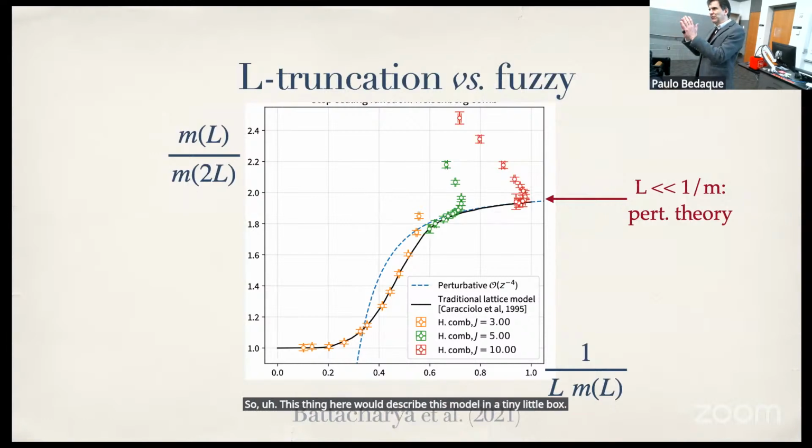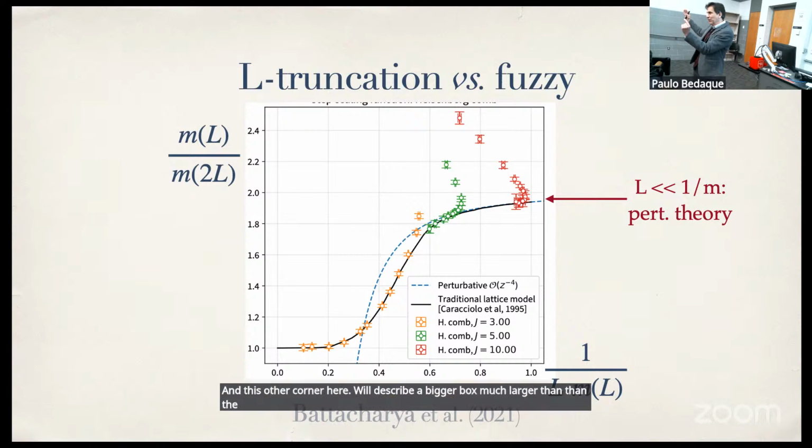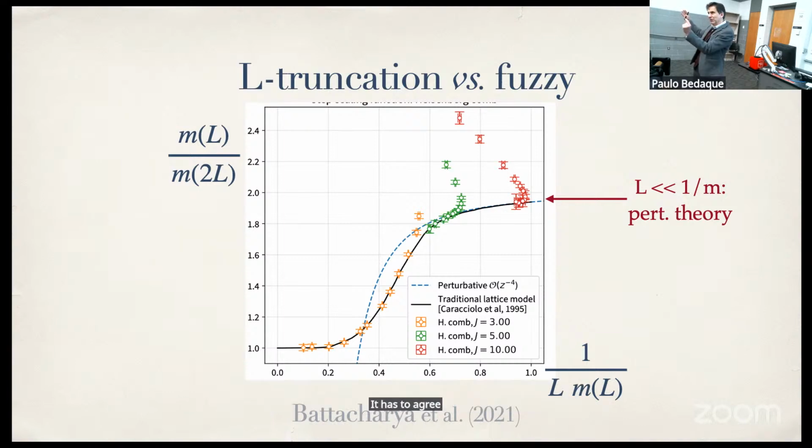So the analog of QCD will be in a box that's smaller than a proton. And this other corner here will describe a bigger box, much larger than the proton. And you want your theory to describe all of that. You have to agree with the original model at all distances.